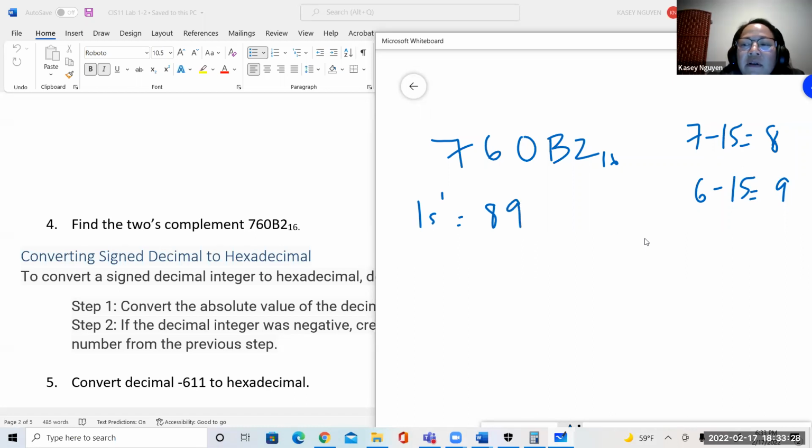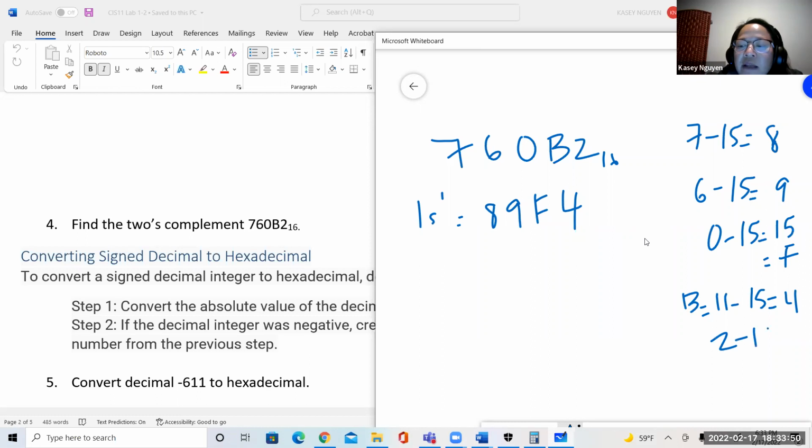And then 0 minus 15 is going to be 15, which is F. B is 11, and that's subtract 15. The difference is 4. And then lastly, 2 minus 15, which gives you 13. And that is D.